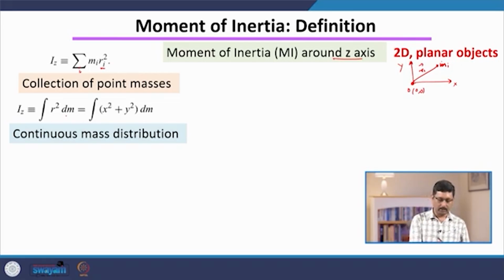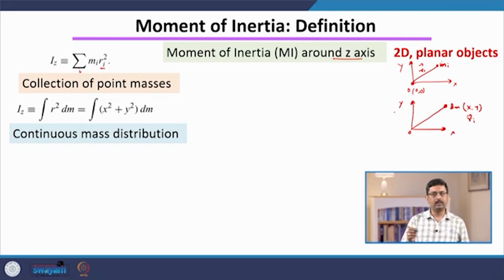Instead of a point mass, we will take some mass element dm, located at some x, y, that is, the position vector of this mass element is x, y. But again this mass distribution is confined in the xy plane. Then this Ri square will become R square and this mi becomes dm, and then you have to do an integral over the entire mass distribution. The sum will become an integral.